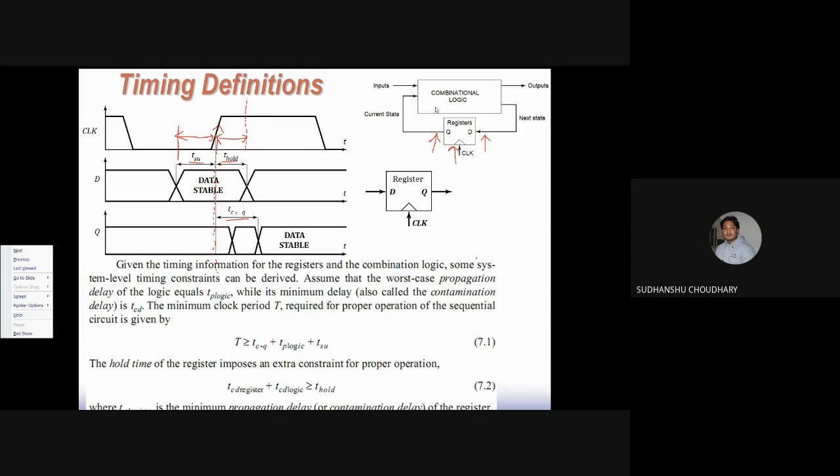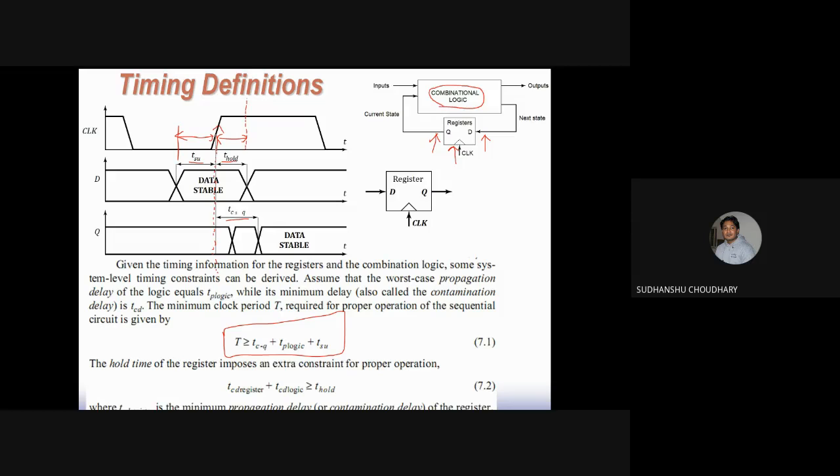So the total clock period required for this circuit to function correctly will consist of the setup time plus the delay of this register, or what we call clock to Q delay, and also the delay of this combinational logic block, right?